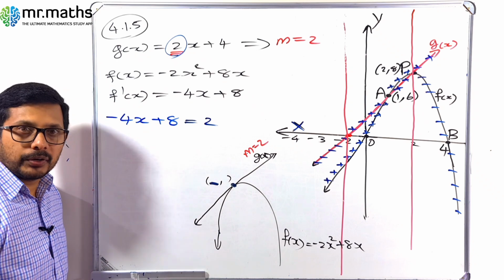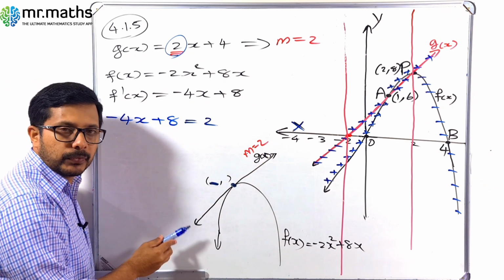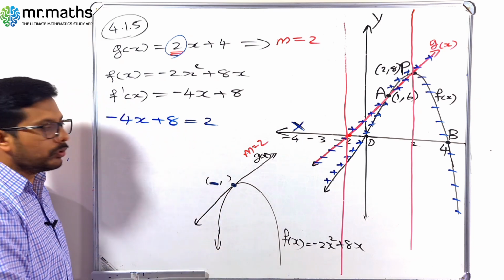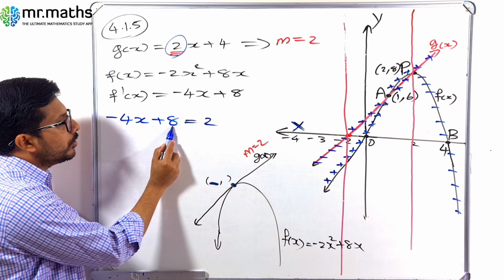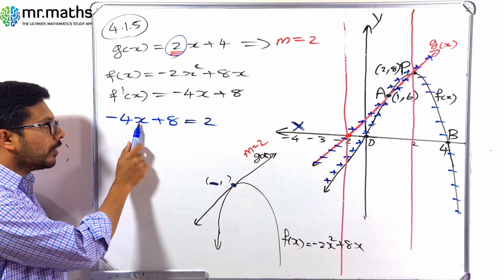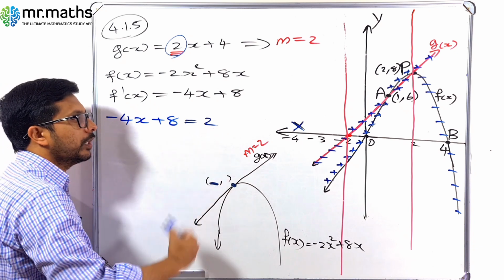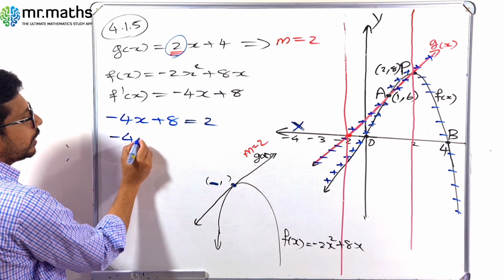So in calculus, how can you find the gradient of this g of x? First you find the derivative, then in that derivative substitute the x value of this point, and we are supposed to get the gradient. But we already know the gradient of that g of x is 2. So now from here, what is the x value?